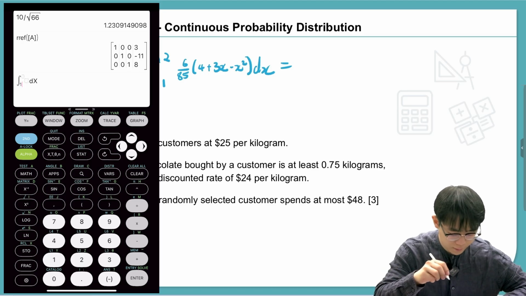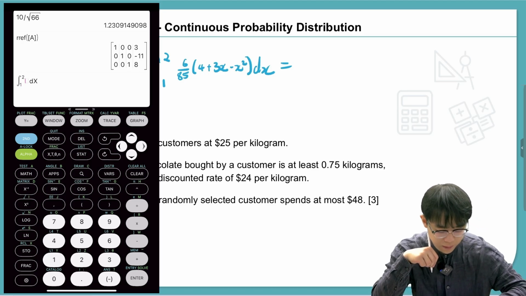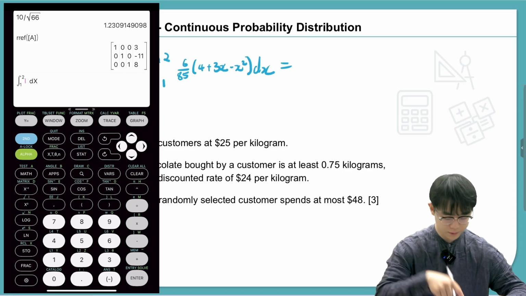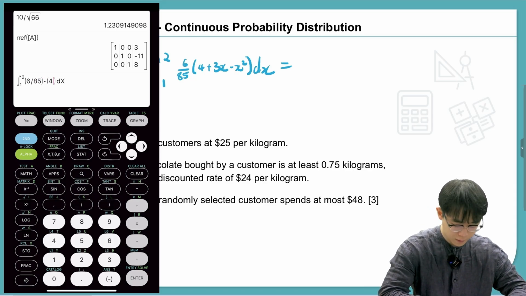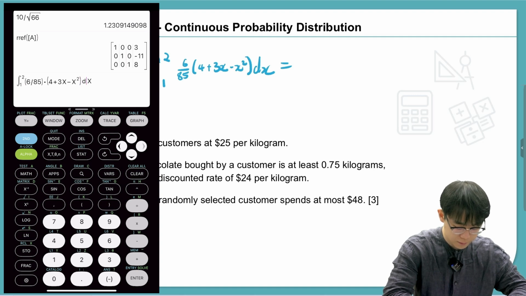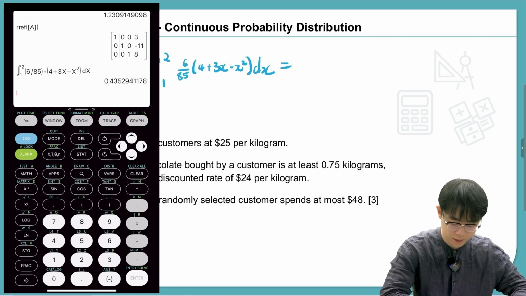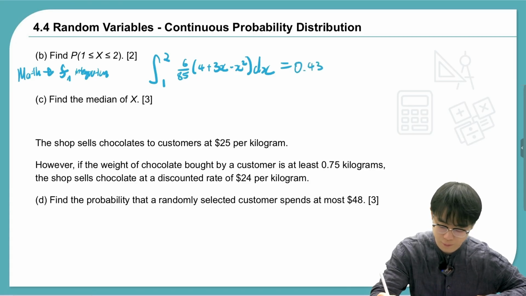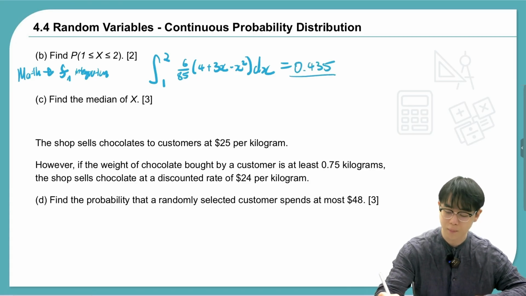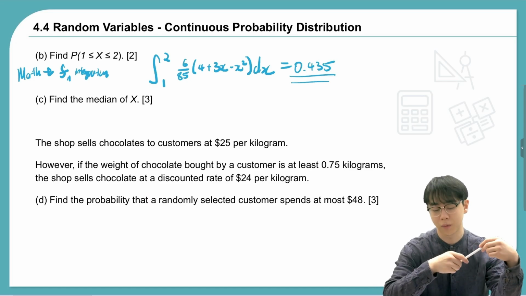So we will put in from 1 to 2, and we will put in our expression. So we'd have 6 over 85 times 4 plus 3x minus x squared, close brackets, and that should give us 0.435. So that's going to be the probability that x is between 1 to 2.